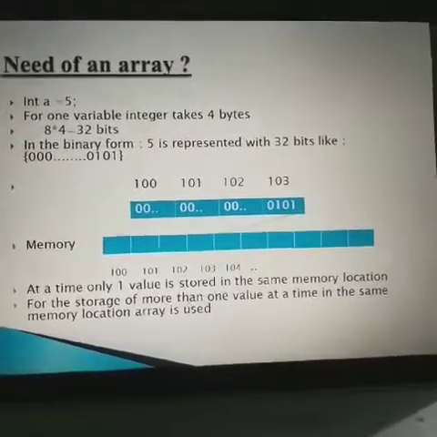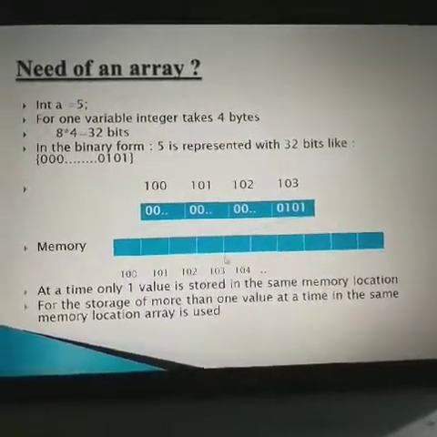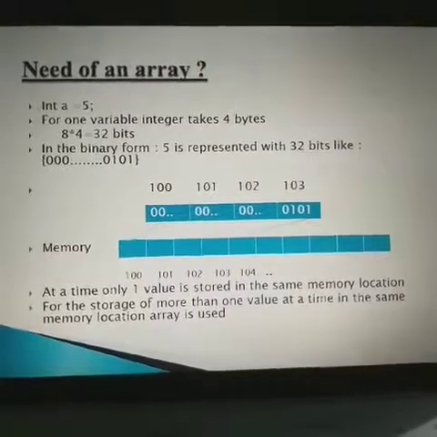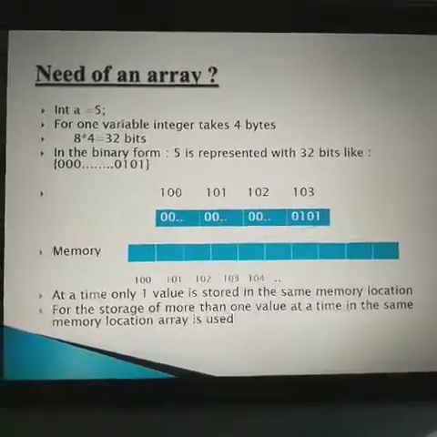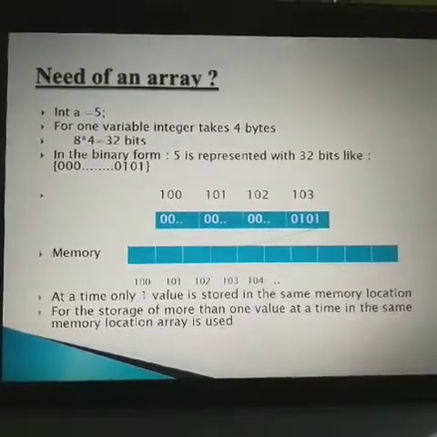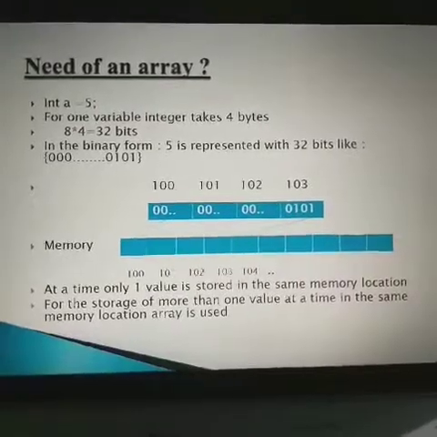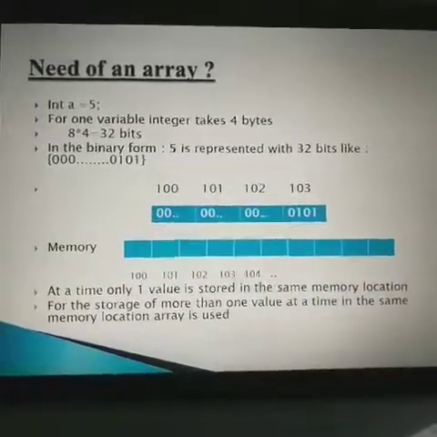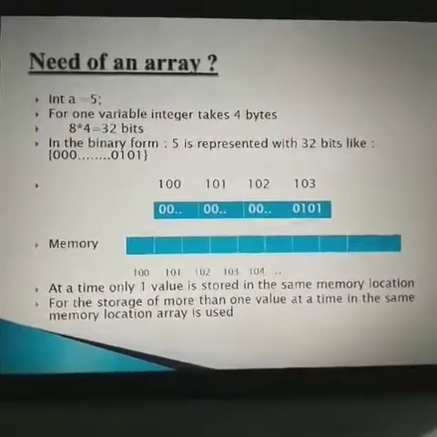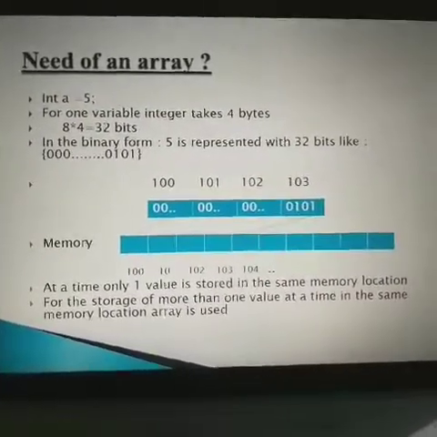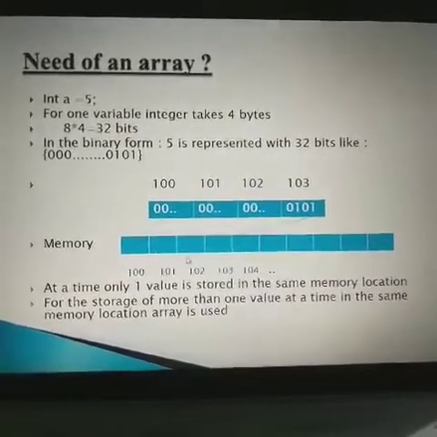For the storage of more than one value, for example, if we have a class of 20 students and one time we store the data of the 20 students, but on the second day, new students are admitted, so the total students are 22. To represent that value, we override that value in the memory.